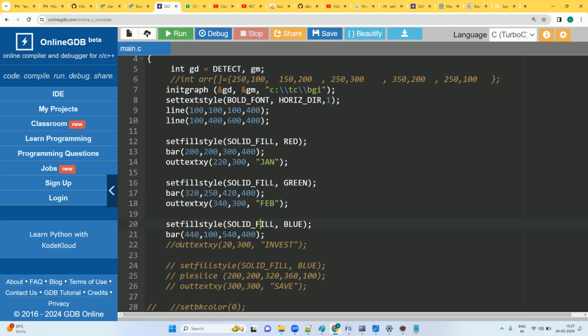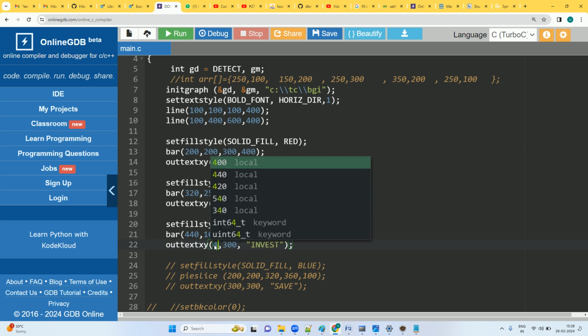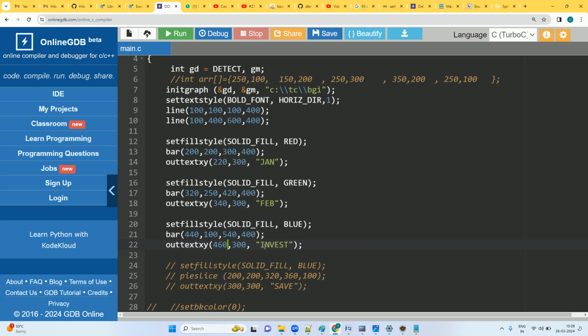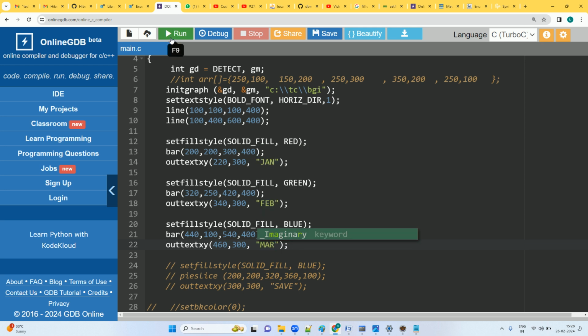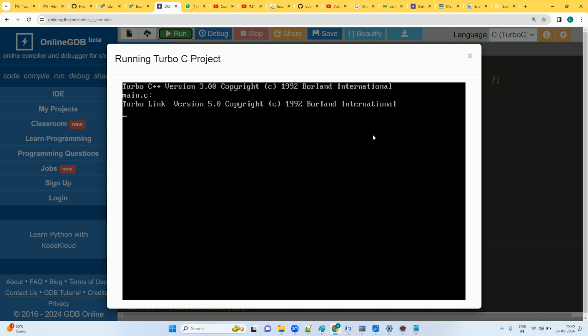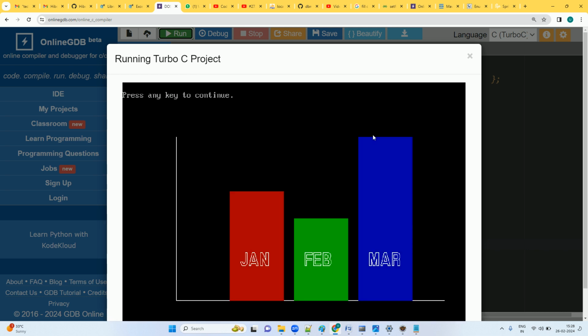And next I'll comment this: 460 and 300 is March. Yes, no, maybe. Looking good.